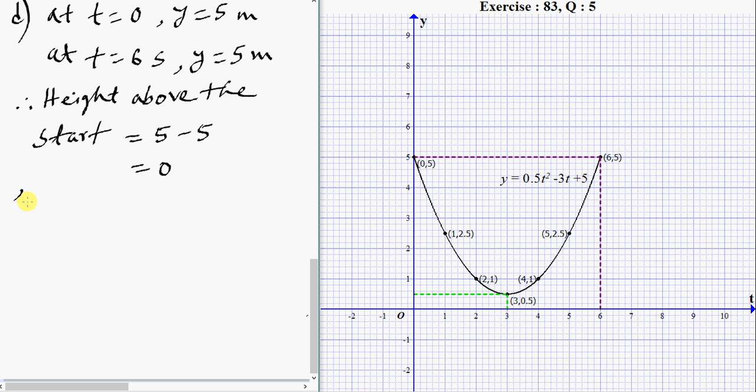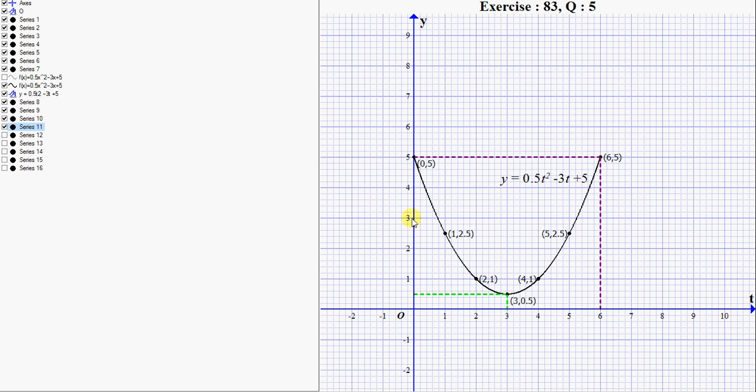Now this is 3 meter, so the carriage will be at least 3 meter or more, so the range will be from this point to this point, and here if you draw the line then it will intersect here also, and from this point above up to 6 seconds, so this part and this part is the required part.